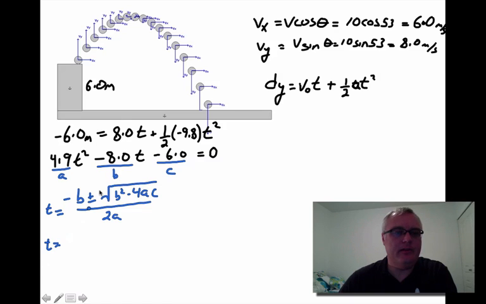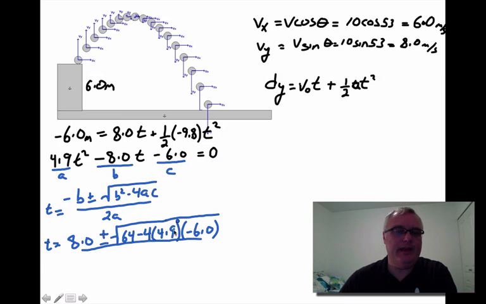It's not that difficult because minus b will be 8, plus or minus the square root, b squared is 64, and then a is 4.9, and c is -6. It's important to include the positives and negatives on these terms, otherwise you're not going to get the right answer. And then we're going to divide by 2a, and because a is 4.9, 2 times that is always going to be 9.8, right?